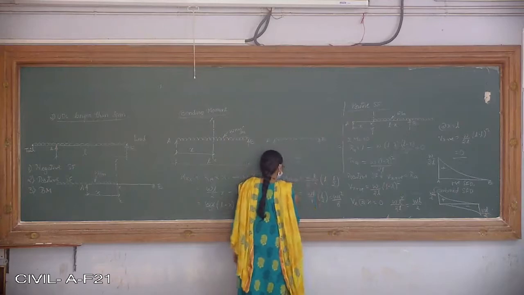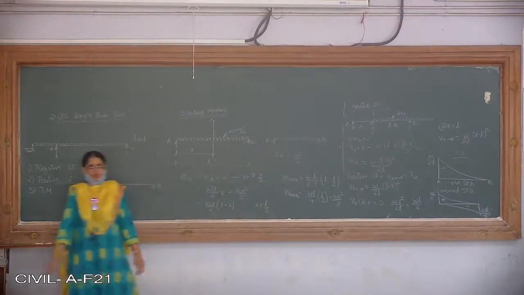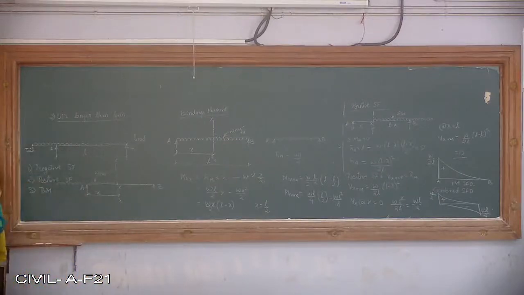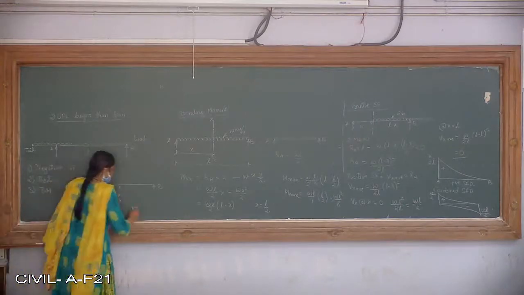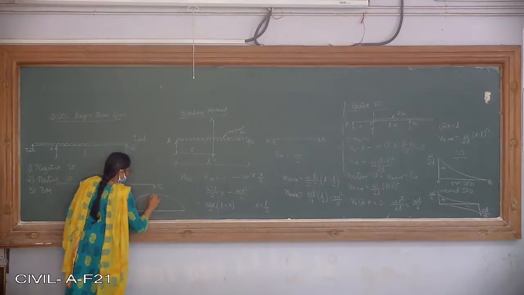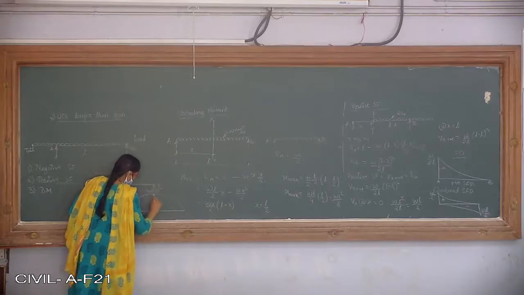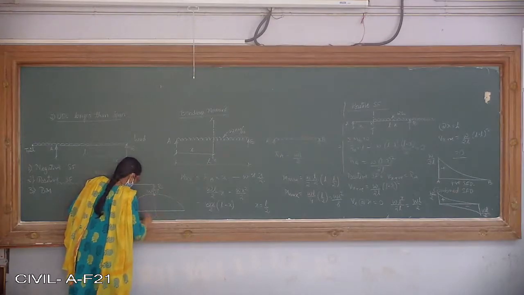That is the maximum moment you get, W L square by 8, and it will be a parabolic shape. So you are going to represent the BMD for UDL over the full span, something like this, with maximum moment W L square by 8 at a distance of L by 2.